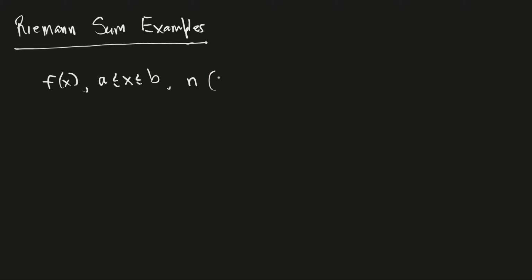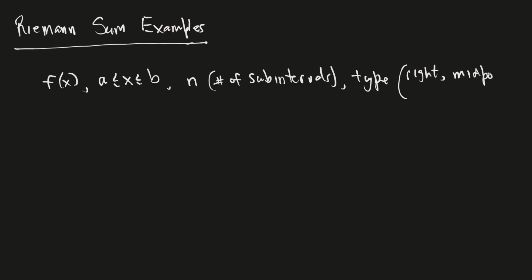This is the number of subintervals, and then we have to have the type of Riemann sum, and the three typical types are where we use the right endpoint, the midpoint, or the left endpoint of each subinterval.